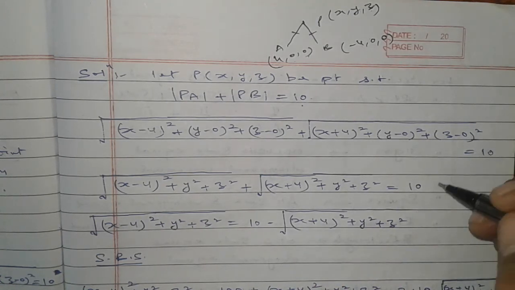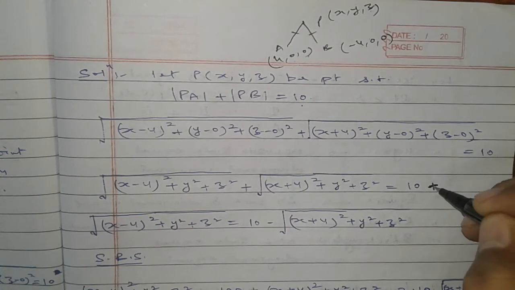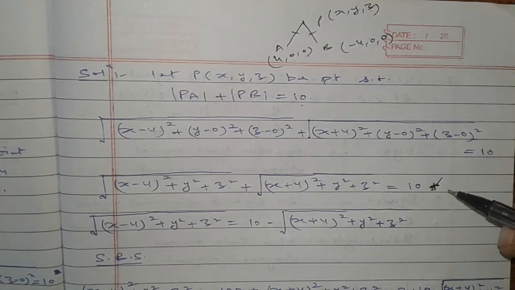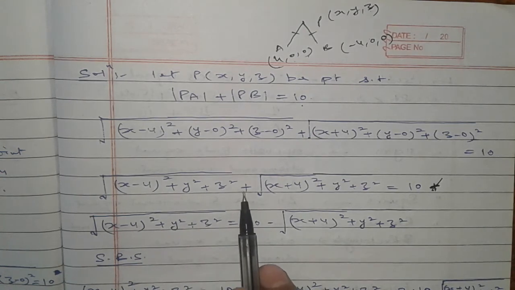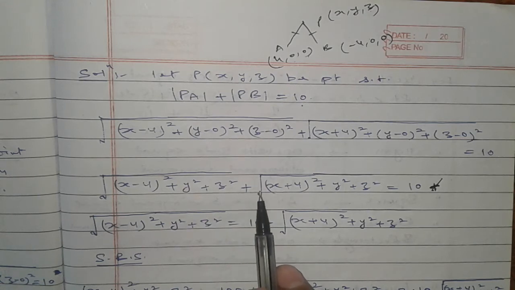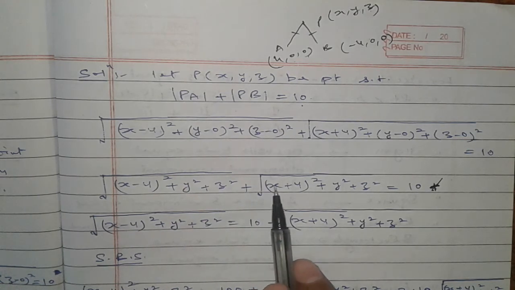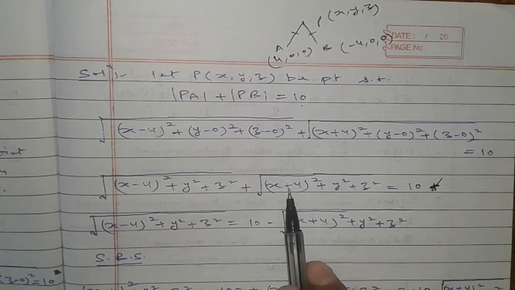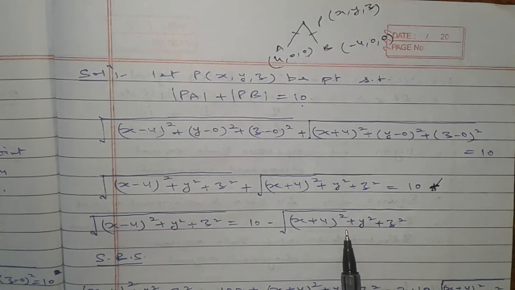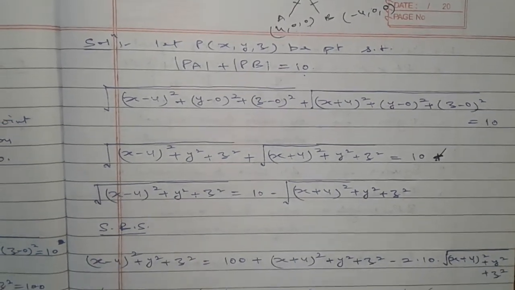Now how will you solve this type of equation? This is important. For this type of equation, when you have square roots with a plus or minus sign on one side, you have to transpose one of the square roots to the right side. It means it will be 10 minus this, which I have taken to the right side, then squaring both sides.